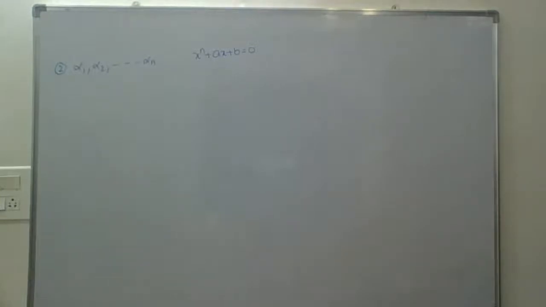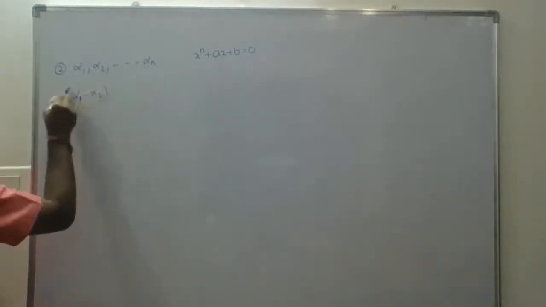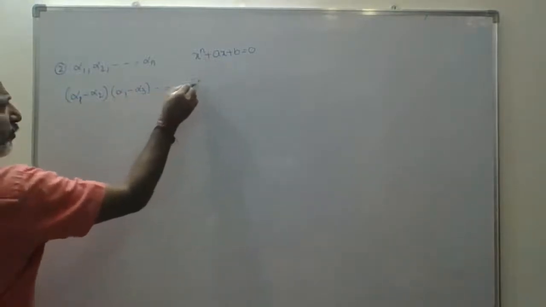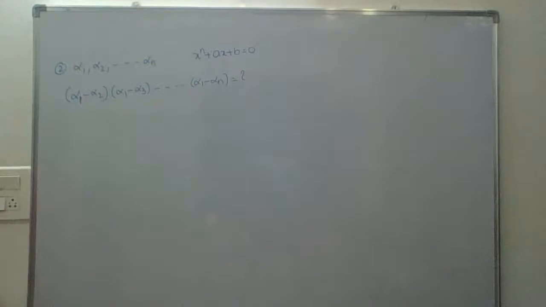Then alpha 1 minus alpha 2 into alpha 1 minus alpha 3 into so on up to alpha 1 minus alpha n is equal to dash.